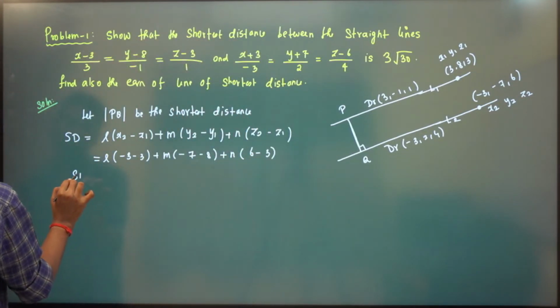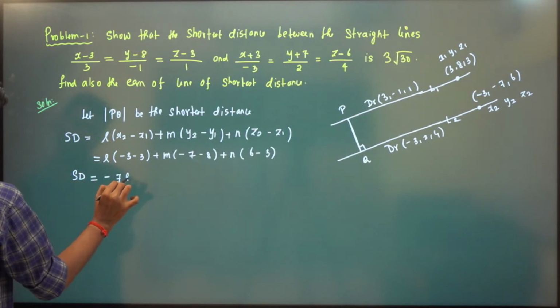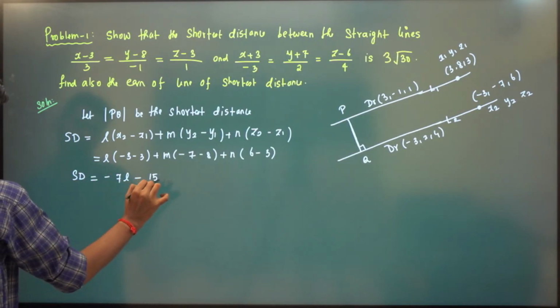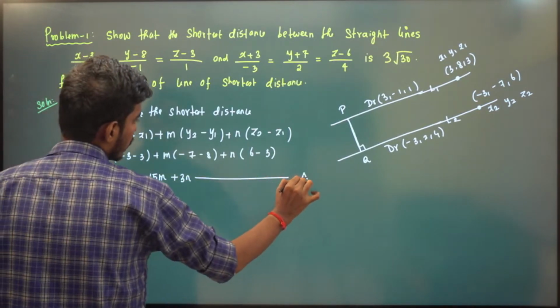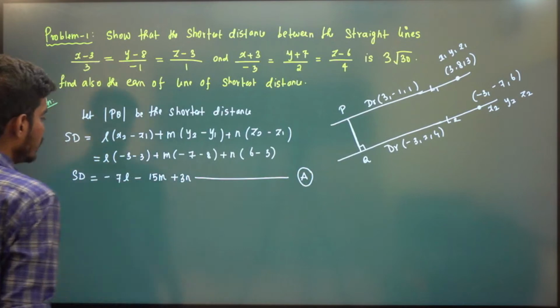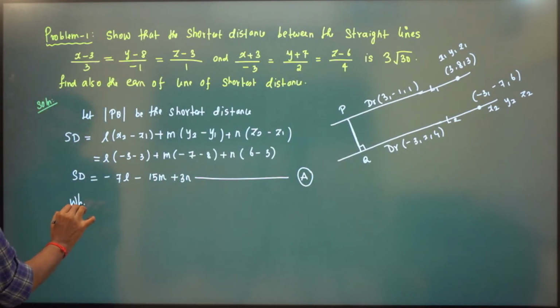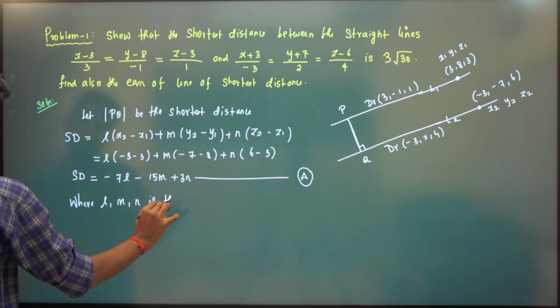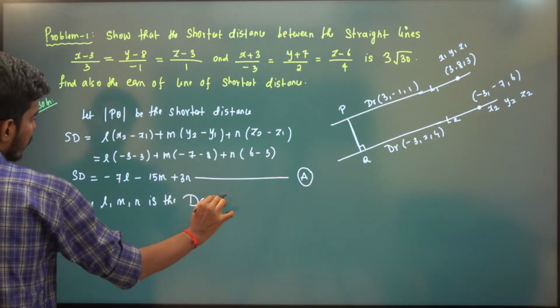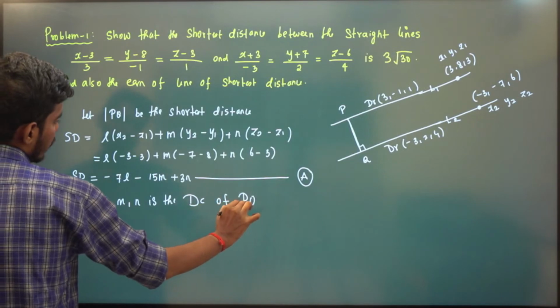So the shortest distance will be given by minus 6l minus 15m plus 3n. This is the shortest distance. Let us call this A, where l, m, n is the direction cosine of PQ.